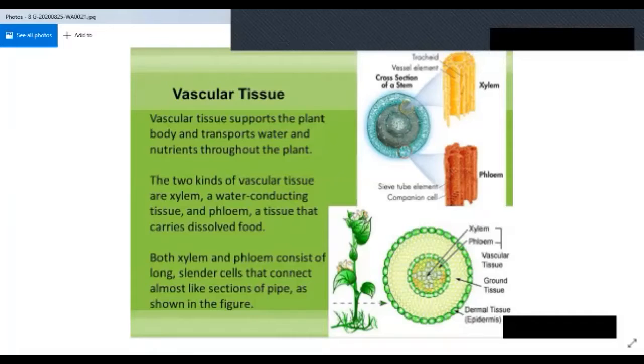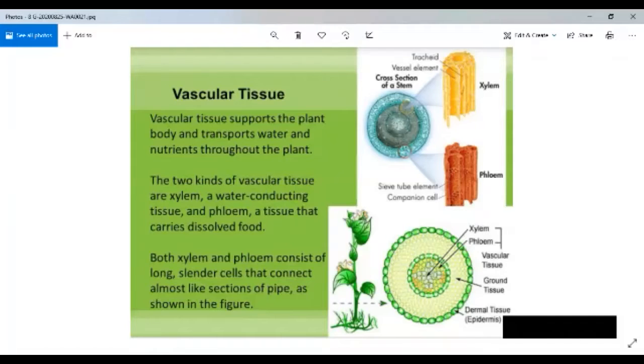The two kinds of vascular tissue are xylem, a water conducting tissue, and phloem, a tissue that carries dissolved food.